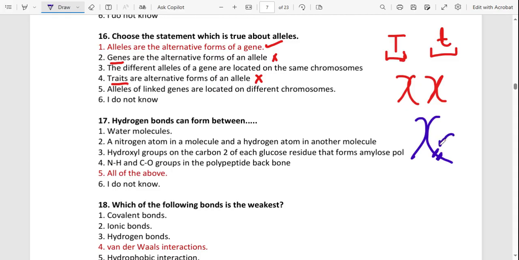Let's say this is talking about blue eyes and this is talking about having brown hair. If these are linked genes, they are close to each other. They are found on the same chromosome. So even in being inherited, they'll be inherited together. That's why most of the time there are some traits that you always see together. For example, someone has blue eyes, maybe they're going to have brown hair, something like that.